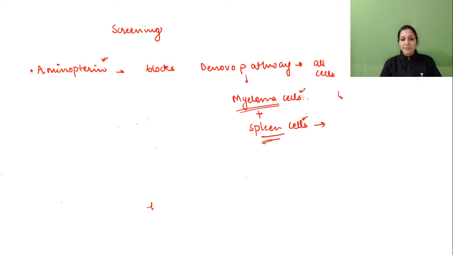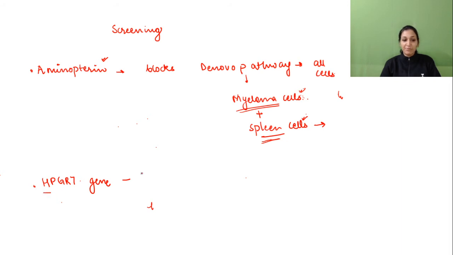So spleen cells and myeloma cells. Myeloma cells cannot survive because of this. For this they require the HGPRT gene for the hypoxanthine.